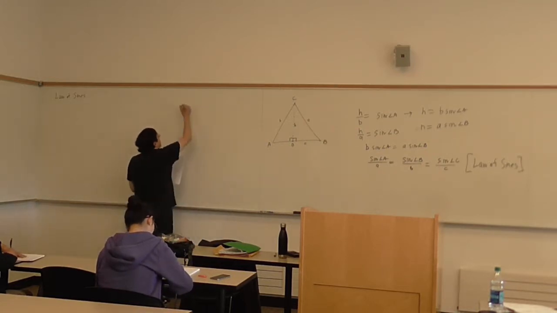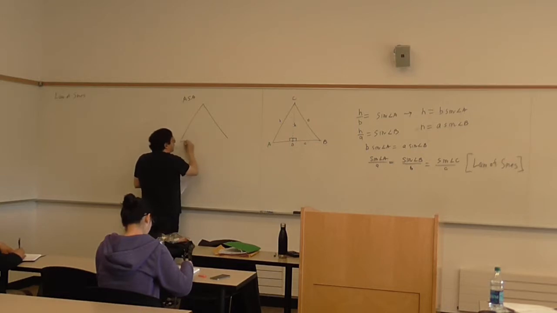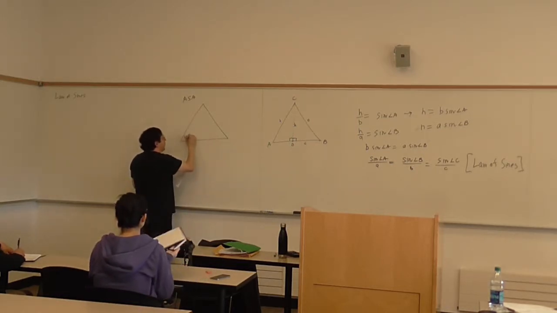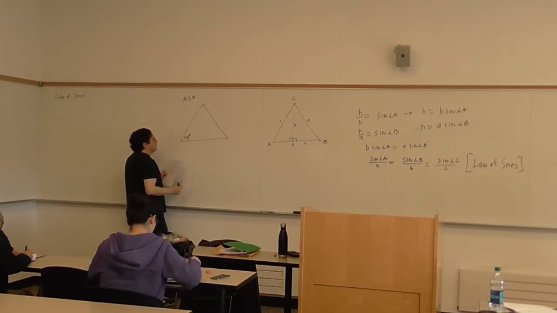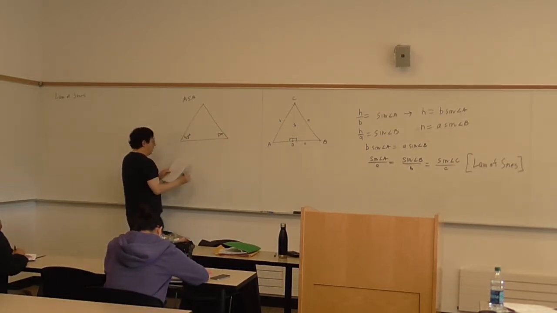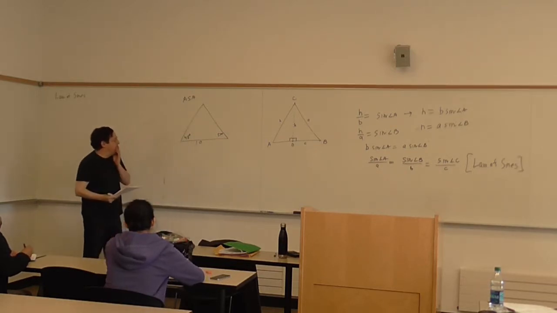Let's look at an ASA problem. Looks like this. We have a triangle and we have two angles, 48 and 57. And we know the included side is 10.